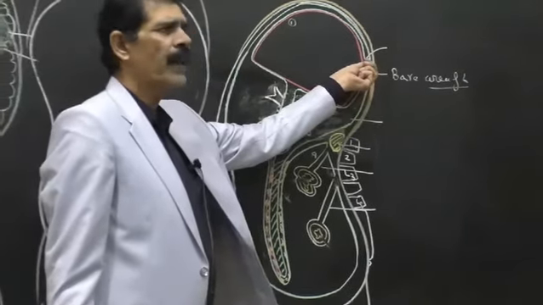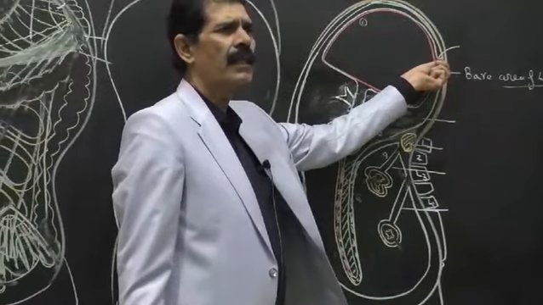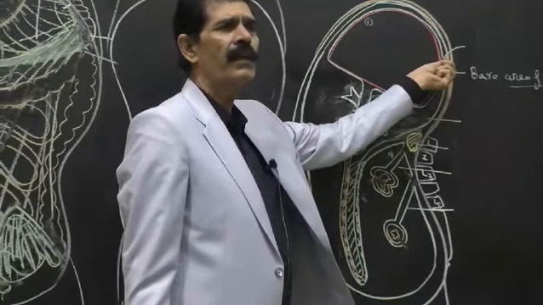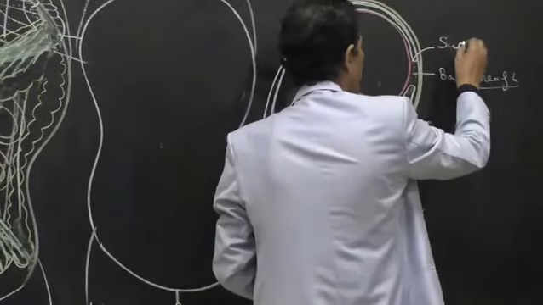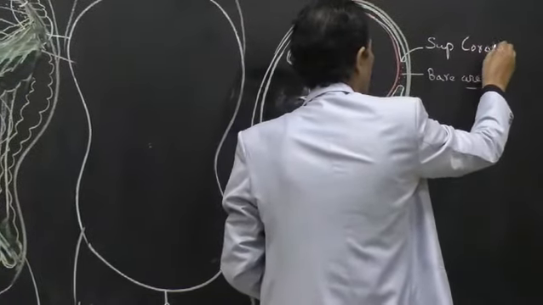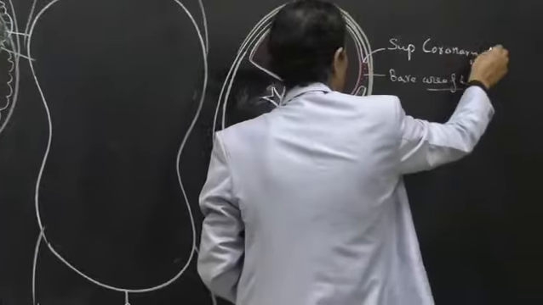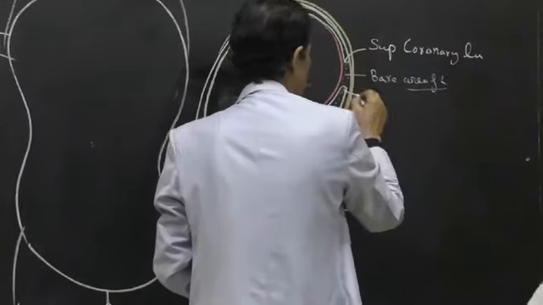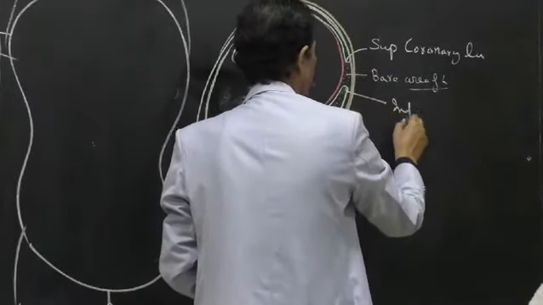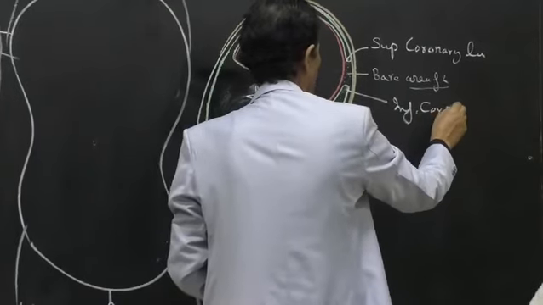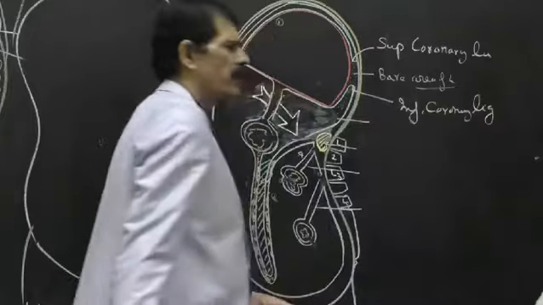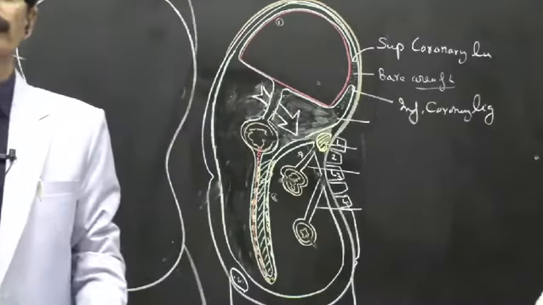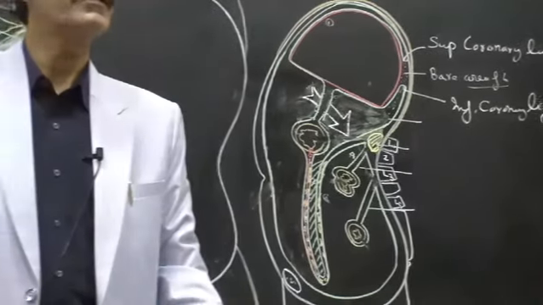On the superior part, it is called the superior coronary ligament. And this lower fold is called the inferior coronary ligament. So the superior and the inferior coronary ligaments are actually part of the right triangular ligament.